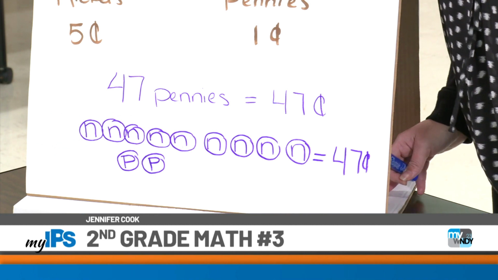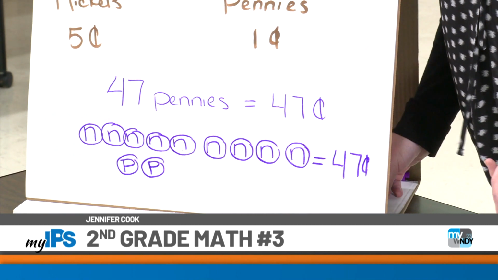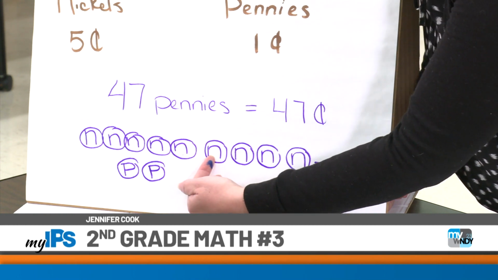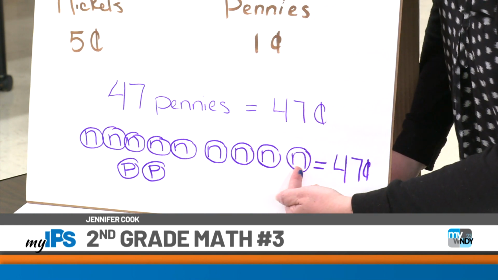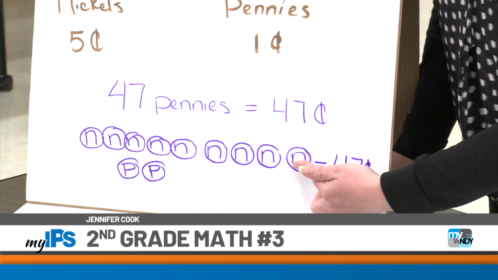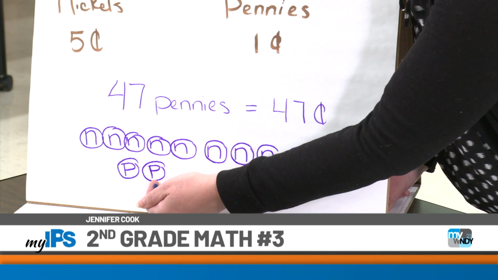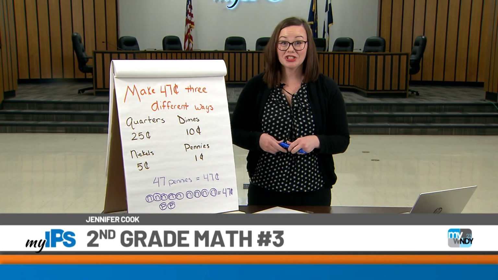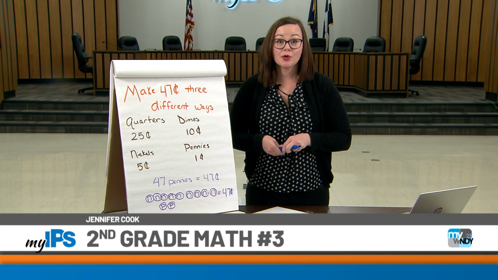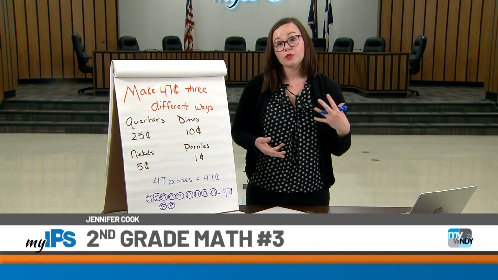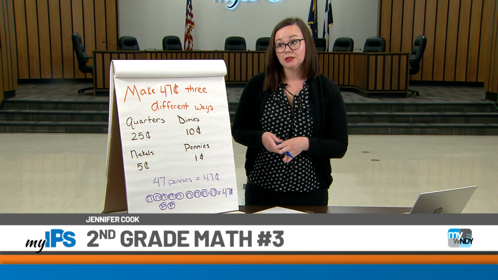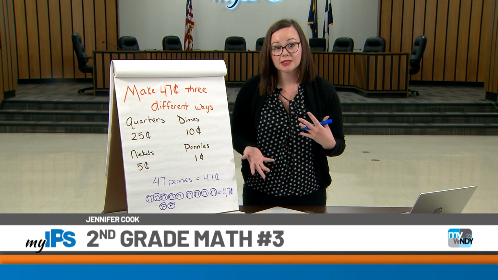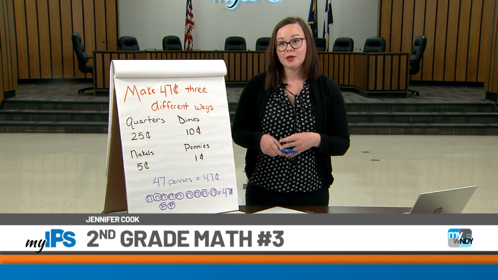I'm just going to count by fives up to 47 cents. 5, 10, 15, 20, 25, 30, 35, 40, 45. I'm not there yet. 46, 47. That's still a lot of change. So your job is to come up with 3 different ways using change, using quarters, nickels, dimes, and pennies to make 47 cents.